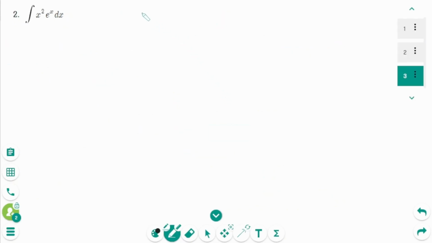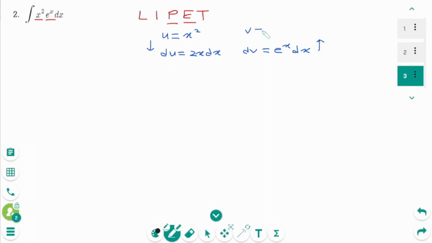Question 2. The order to find u is LIPET. x squared is a polynomial, e to the power of x is exponential. So u equals x squared, dv equals e to the power of x dx. Then differentiate each side, du equals 2x dx, and integrate both sides, v equals e to the power of x.